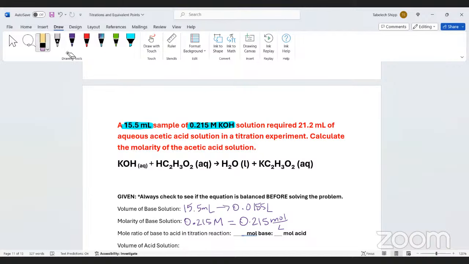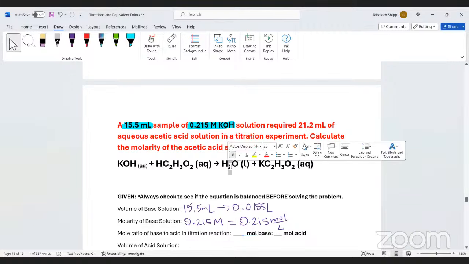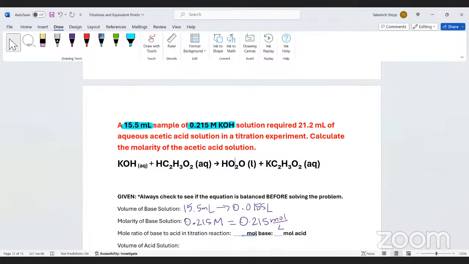As a matter of fact, I'm going to rewrite H2O as HOH because that's going to make things a little easier to see, okay? It's the same thing as H2O, but I like to make things simplified, okay? So right here, I've got my H's in check. I got my OH's in check.